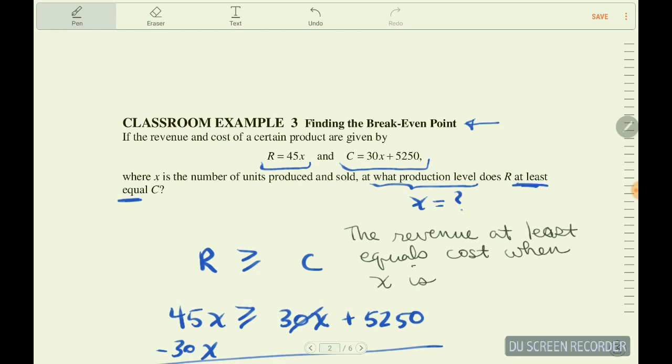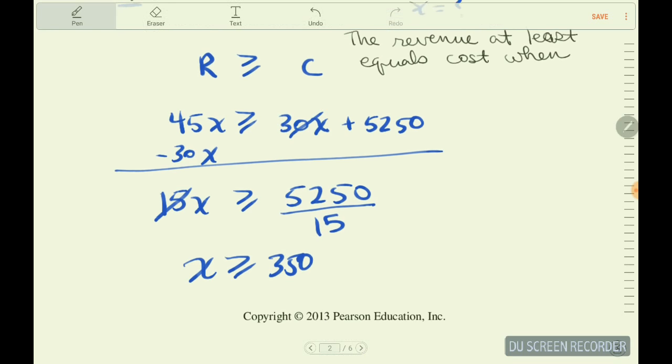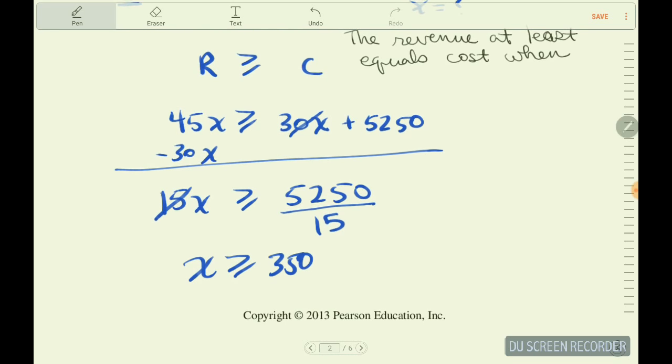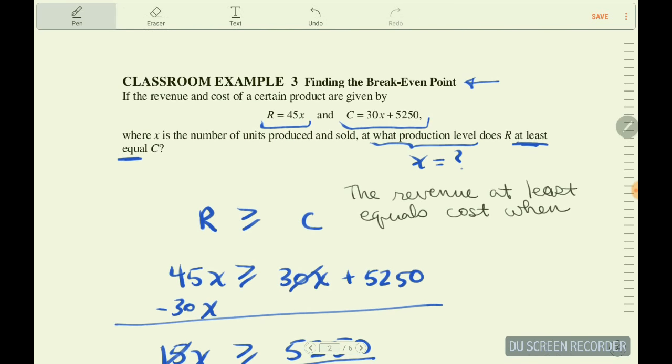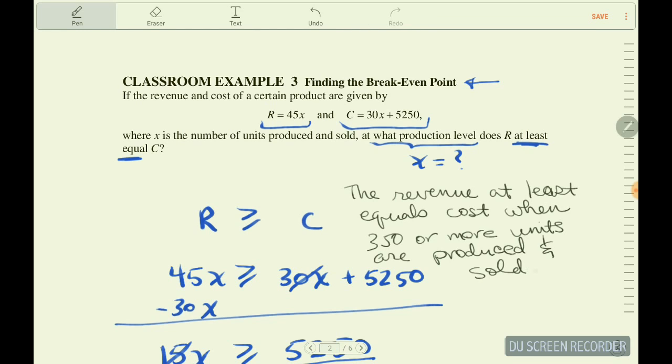When at least, let me say, when at least 350, when 350 or more units are produced and sold. Okay? All right, so that's the answer to that one.